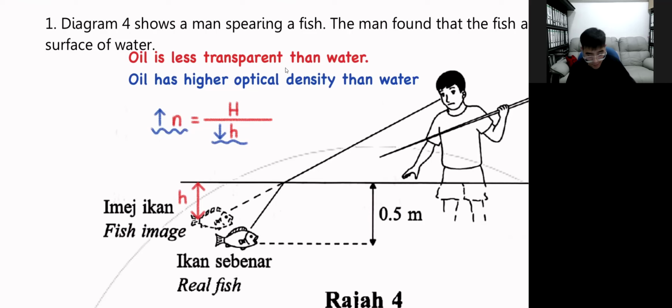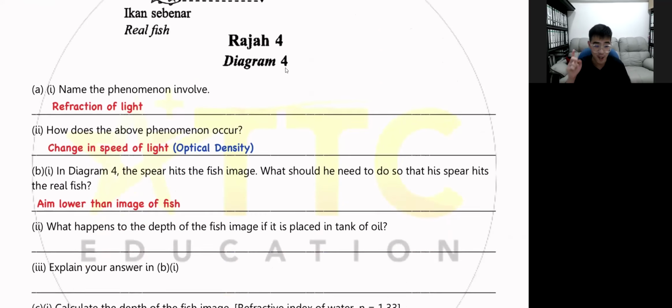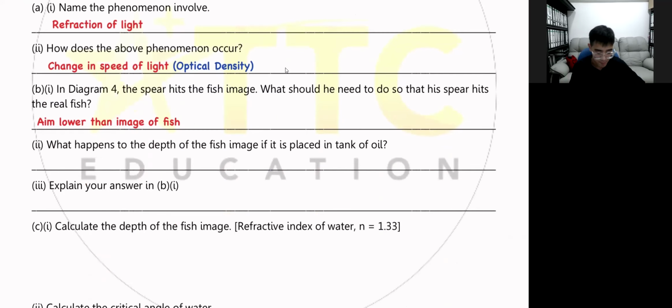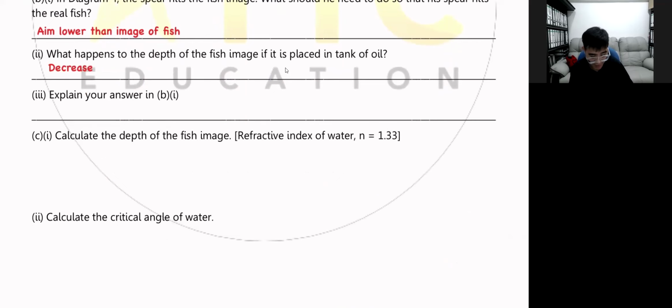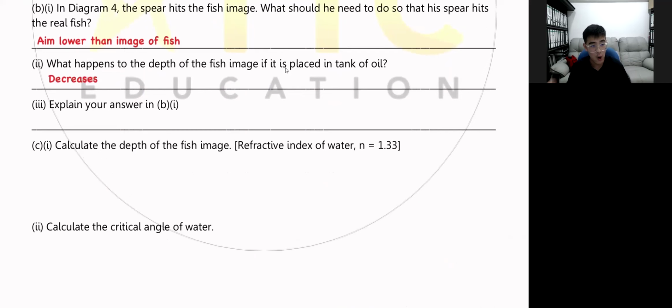So inversely proportional means, like I said, the depth of the fish in the oil will appear to be more shallow. That means the depth will decrease, because more shallow means the depth of the fish image decreases when you put it in the oil.